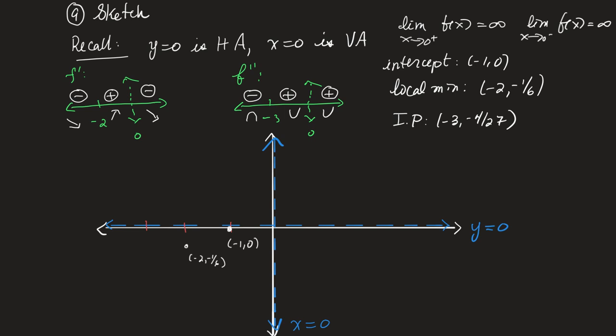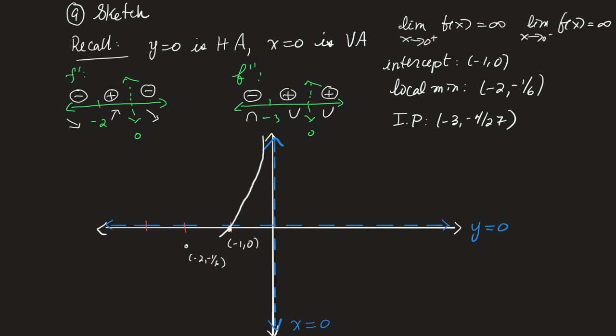All right, so far I've put the intercept minus 1, 0 here, and I have put the local min here, and I know that as x tends to 0 from the left, f of x tends to infinity. So I know that this function is doing this.